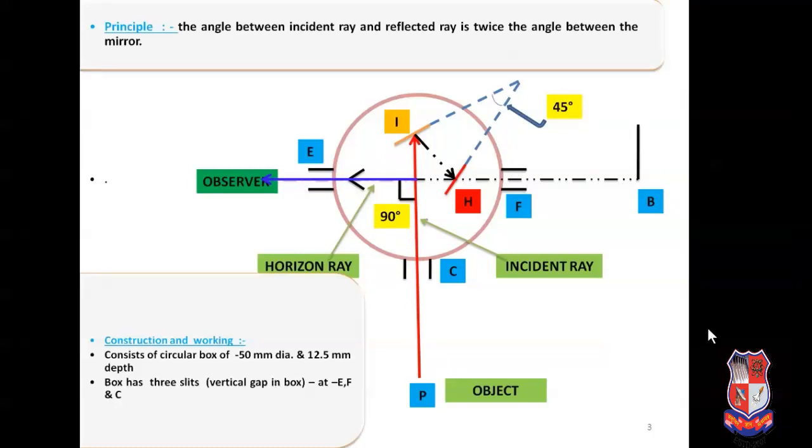Now the optical square is a circular box of 50 mm diameter and 12.5 mm depth.